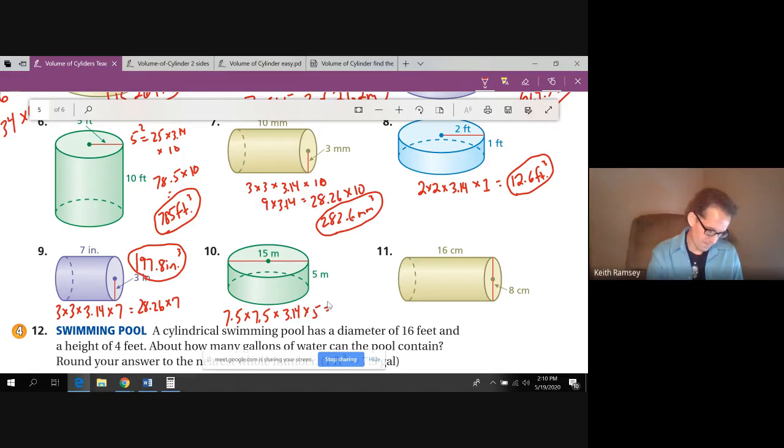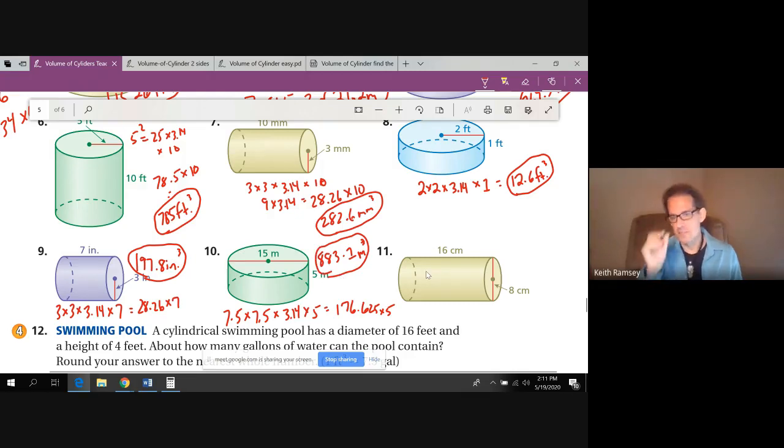If I multiply that by pi, I got 176.625 times the height. So I got 883.125, and I would just round that to 883.1 meters cubed for number 10.